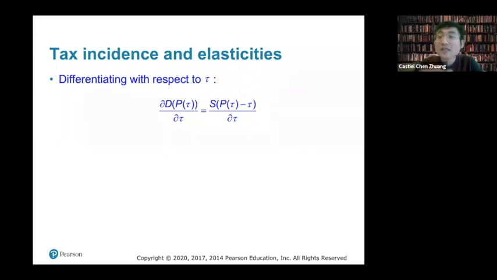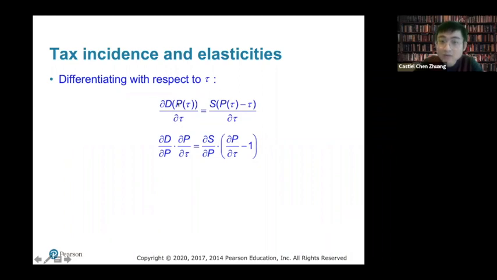We call it shocking the equilibrium. Then, based on that equilibrium, we can take some derivative to get the dp over d tau. We want to see how the equilibrium price paid by consumers will change in response to the tax. So you take derivative of both sides with respect to tau, and then you will get this.